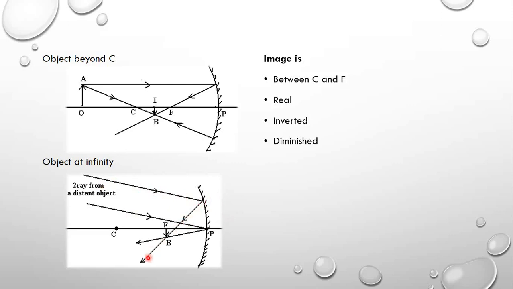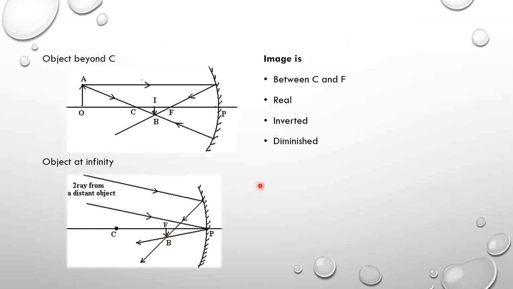If it meets the mirror at maybe an angle i, it has to be reflected at an angle i to the normal at that point. The same applies to this one: it is going to meet the pole at a certain angle, and it's going to reflect at the same angle. Where the two rays meet is where the image is going to be. So when you observe this, the image is going to be formed at F.